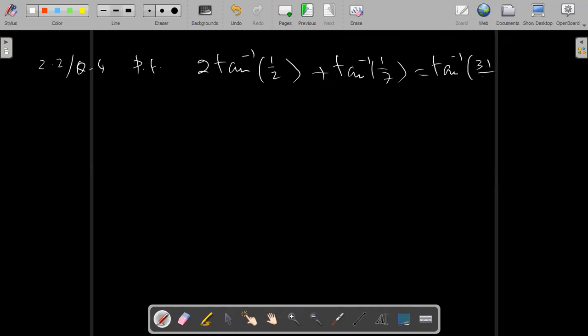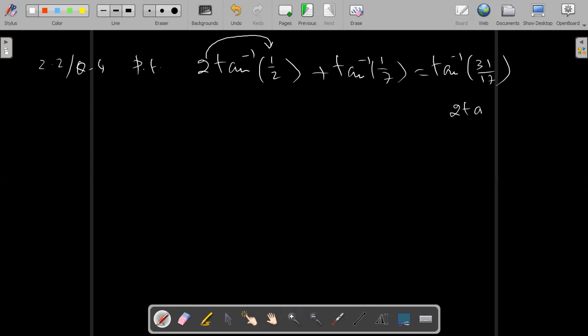You have to bring 31 by 17. Before this 2 gets inside the tan inverse, we cannot put tan inverse x plus tan inverse y. So that's why we have the formula for 2 tan inverse x.